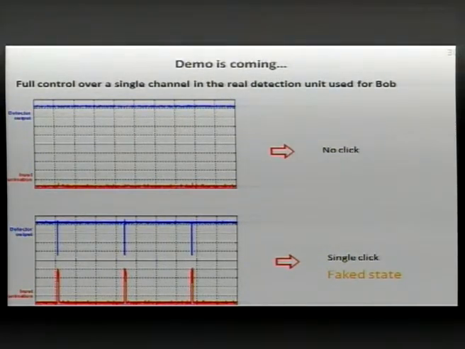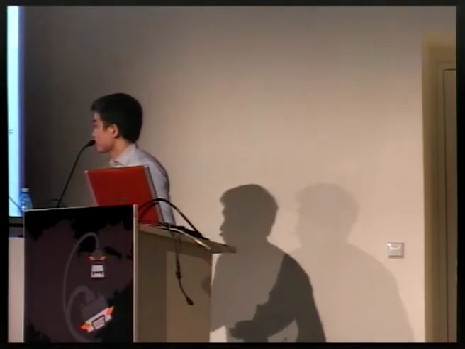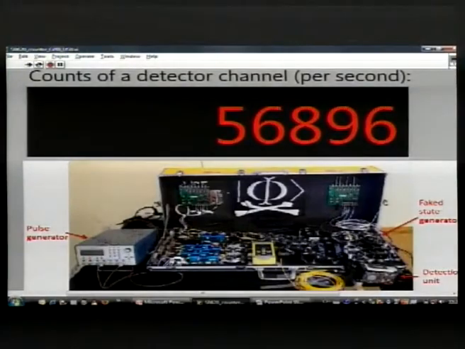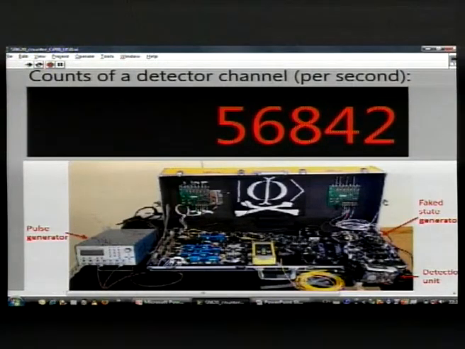So the whole setup is here. If you cannot see it clearly, you can see the picture of the setup here. So here is the circuit of the fixed generator, and here is the pulse generator to drive the laser diodes. And here, this is a real detection unit used for Bob.